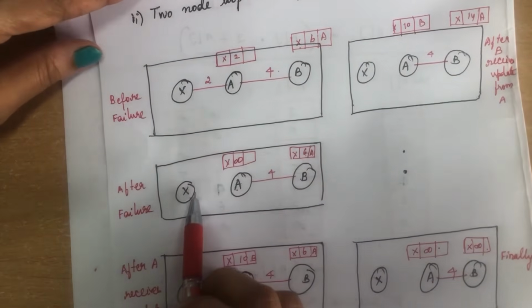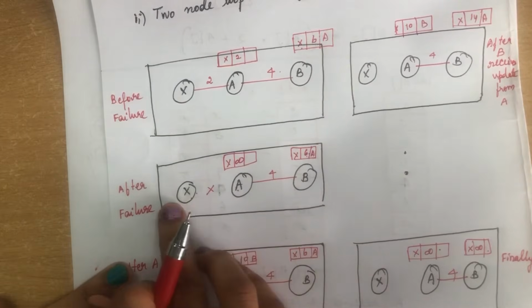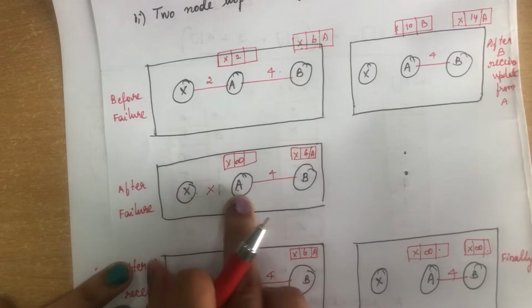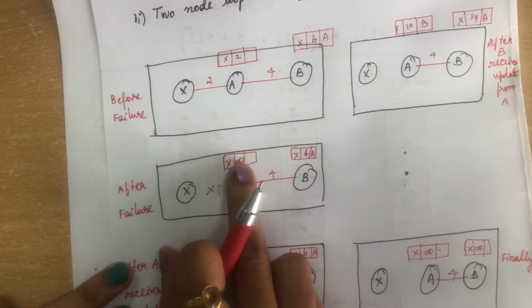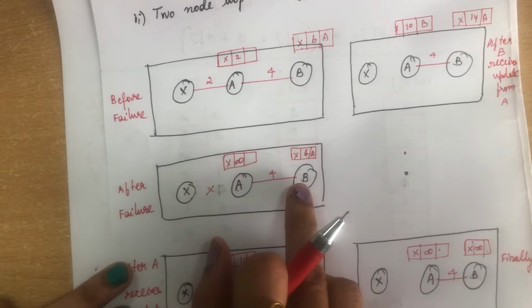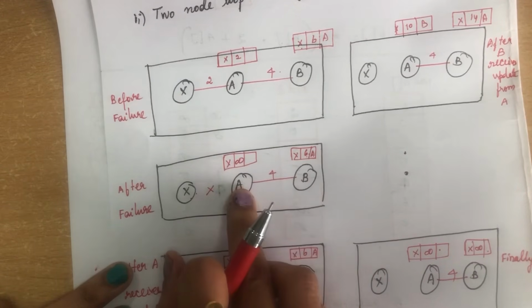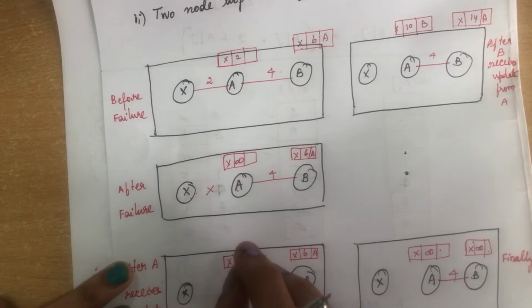Now think that the link between x and a fails. Once the link fails, a suddenly updates its forwarding table to infinity for x. Actually, a has to send this information to b. If a had sent this information to b, everything would be fine.